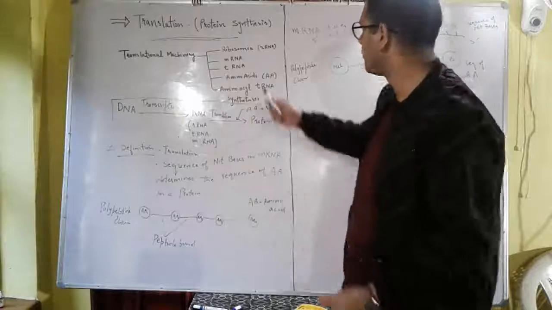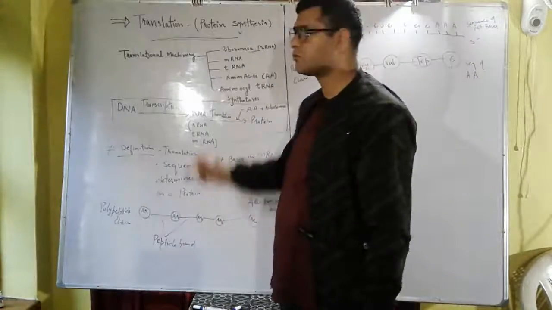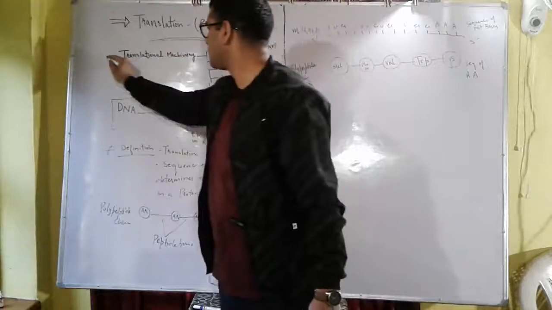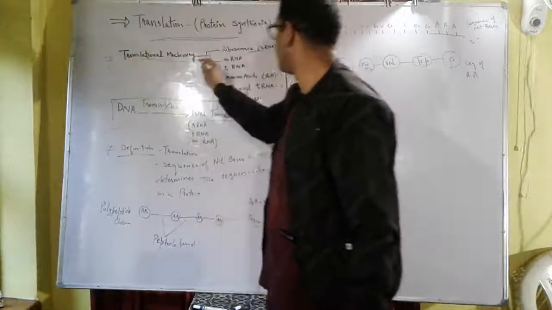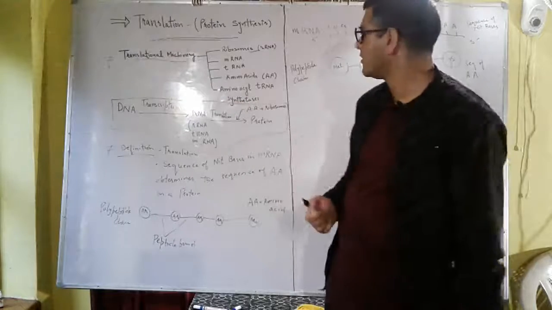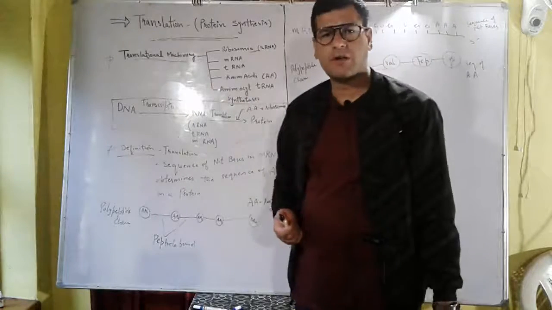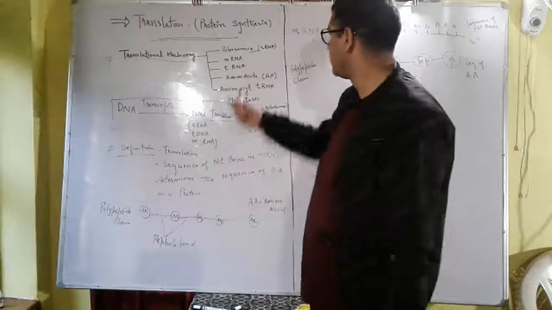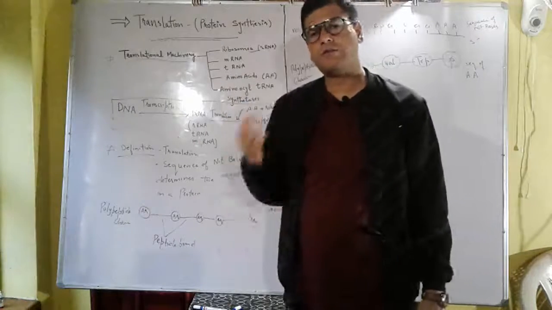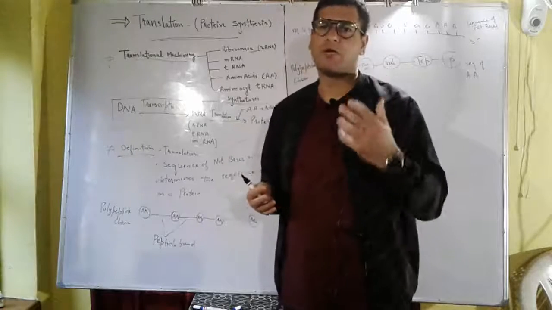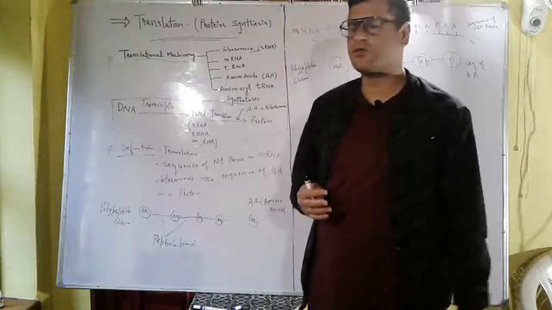We require ribosomes, which are the translational machinery, also called protein factories, and mRNA, because the information is coded in the messenger RNA. We need transfer RNA, which is responsible for transfer of amino acids from the amino acid pool to the ribosomes for protein synthesis to take place.